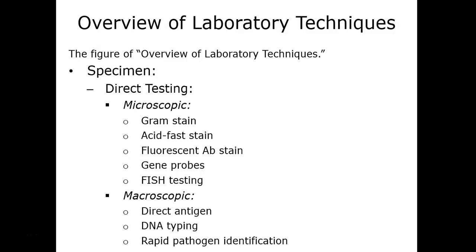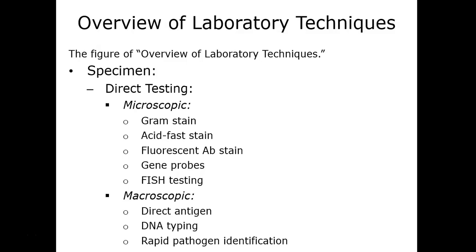So an A will always match to a T, and a C will always match to a G. So the probes are designed to go in and attach to very specific sequences of DNA. And we can attach different types of tags, fluorescent tags, to those probes so we can understand if that particular gene exists on that DNA sample.